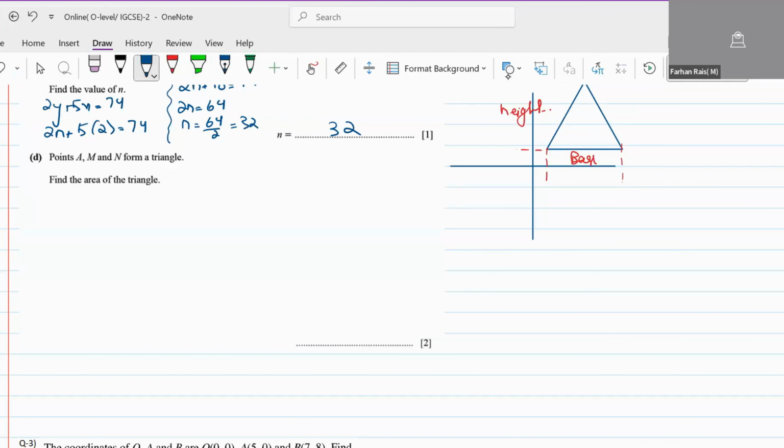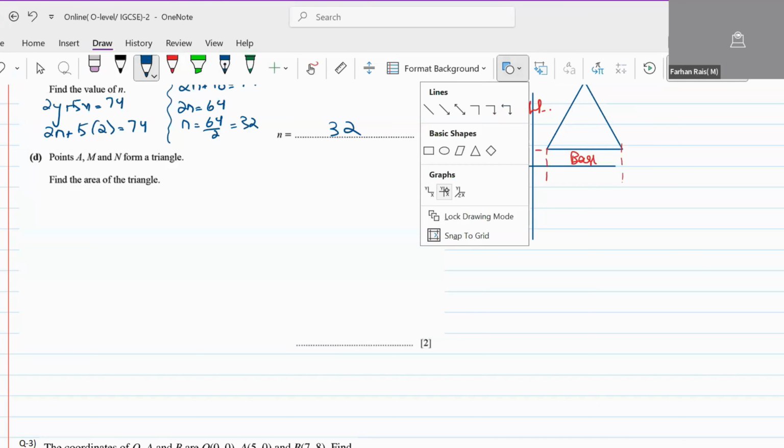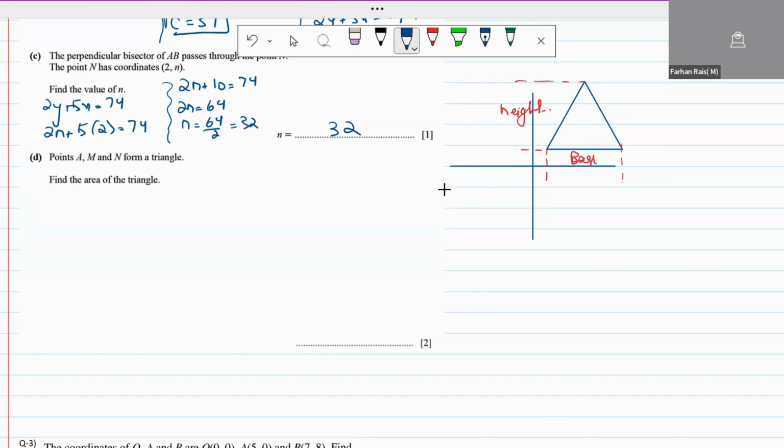And when it's parallel to the y-axis, we would be having a triangle somewhat like this.